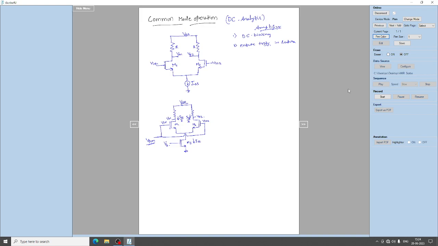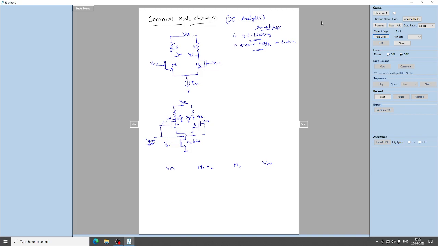These are the two important things we have to do now: give the DC input which is common for both the inputs, and ensure that the transistors are in the saturation region. So we will analyze it with Vin, transistors M1, M2 and M3, and what the Vout will be.